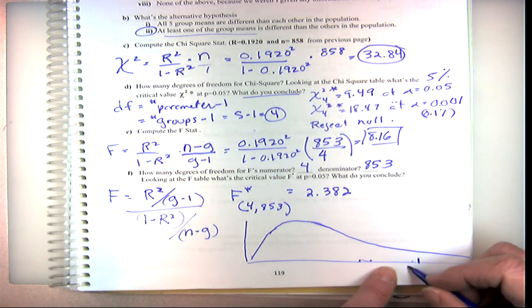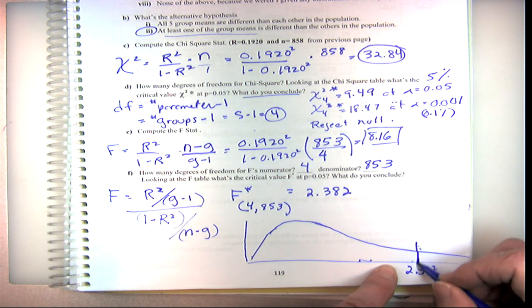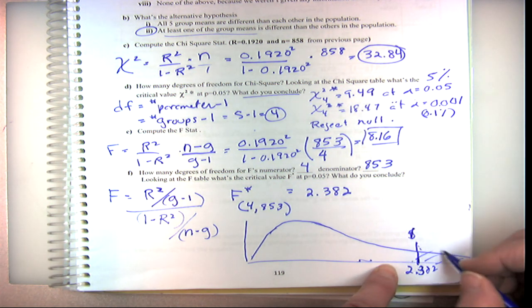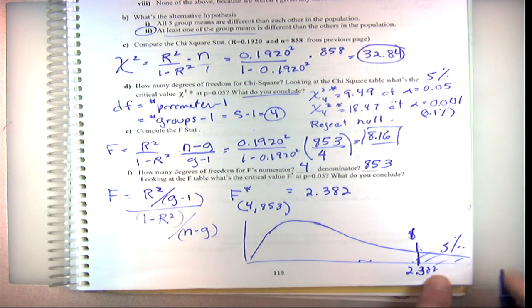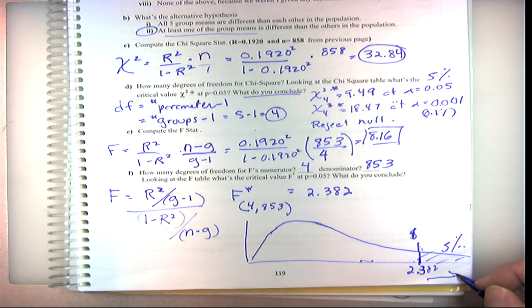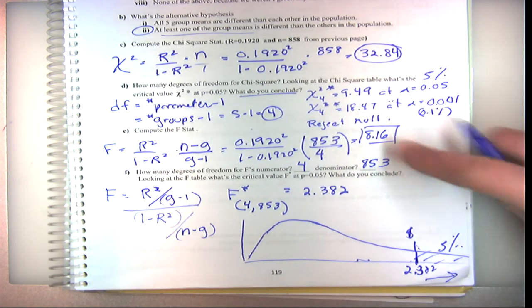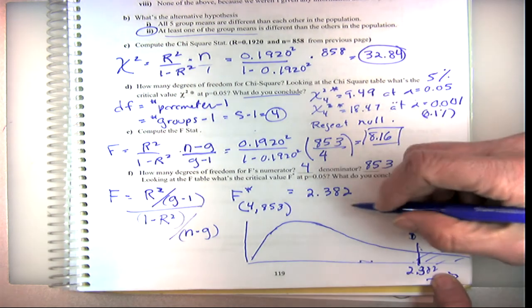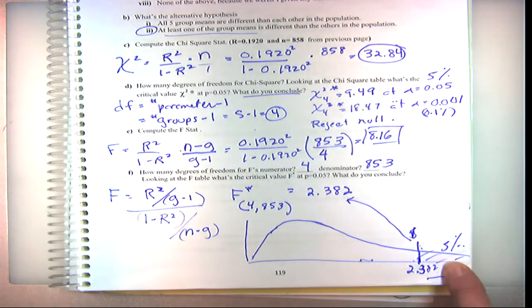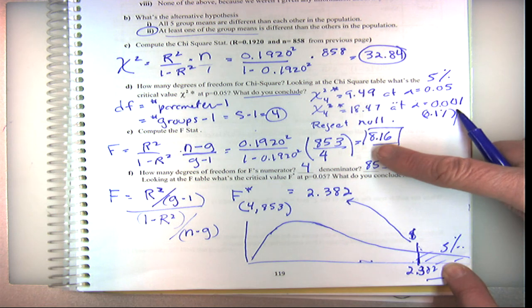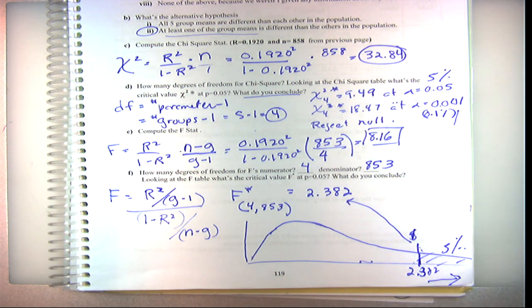So 2.382 means that there's 5% here. And our F statistic is way further out. So ours is off the page. So it has a very tiny p. Okay? Does that make sense?